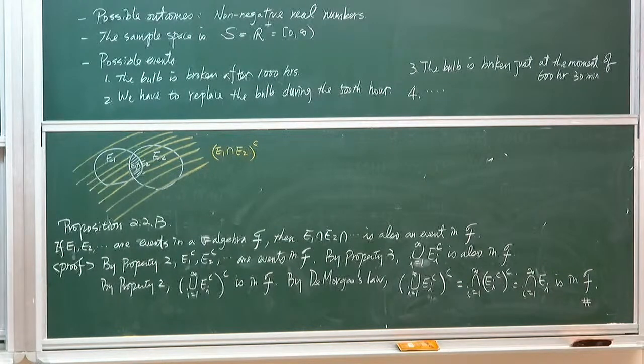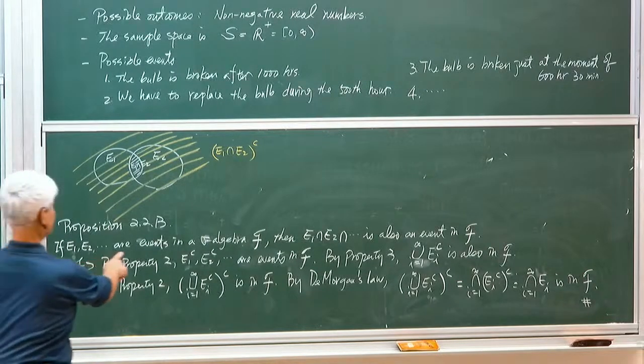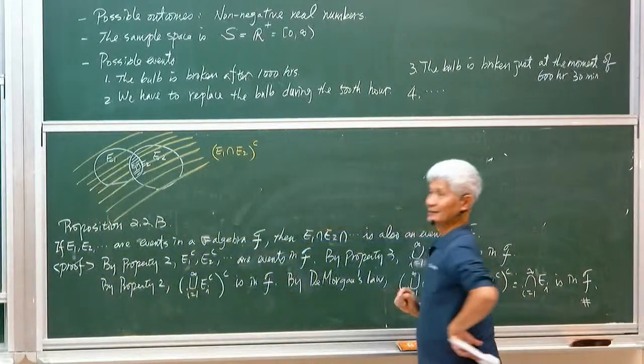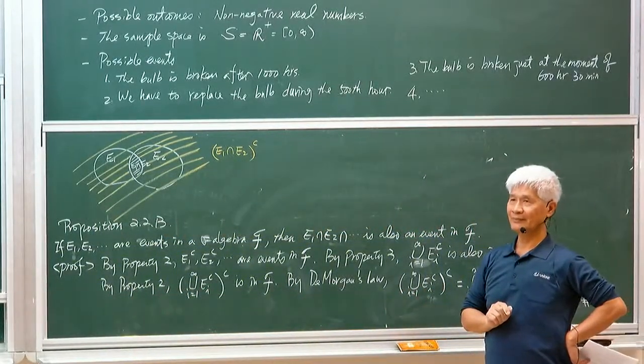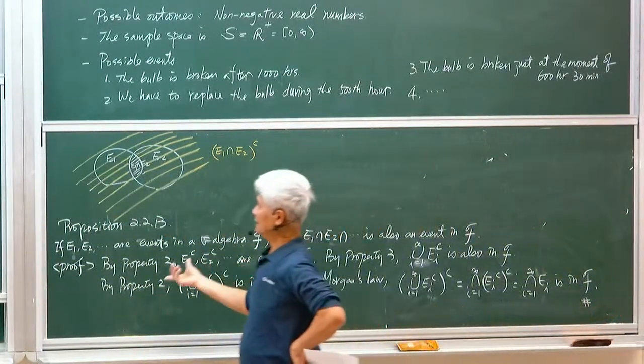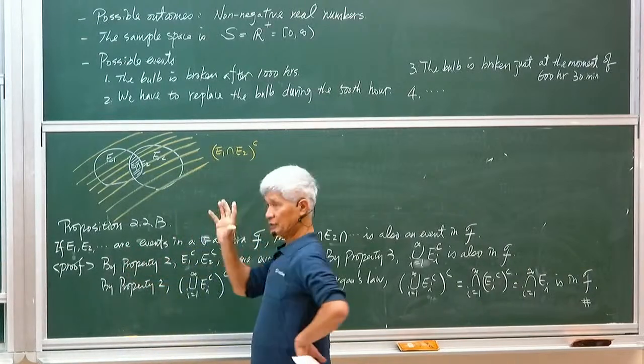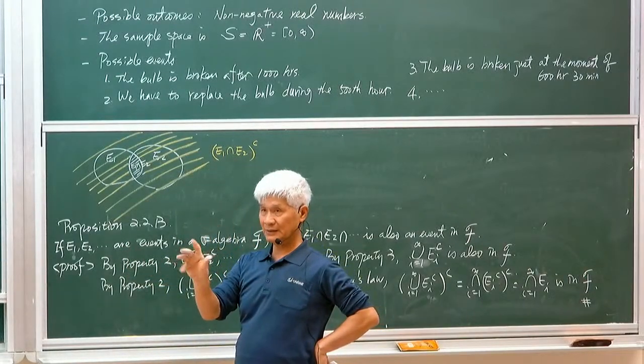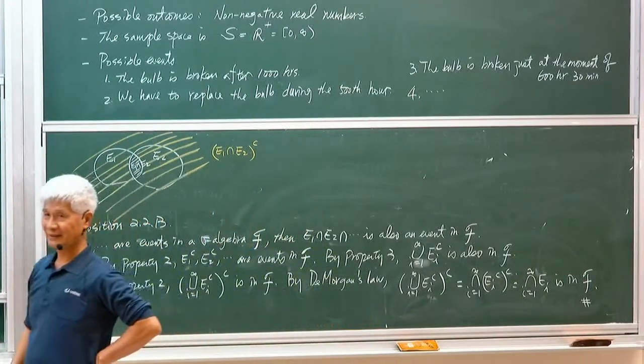This proposition statement is the third statement here. No, the proposition is not, because this one only talks about union, and this is intersection. So we can deduce the countable intersection property. That's why we did not add it as a fourth statement.